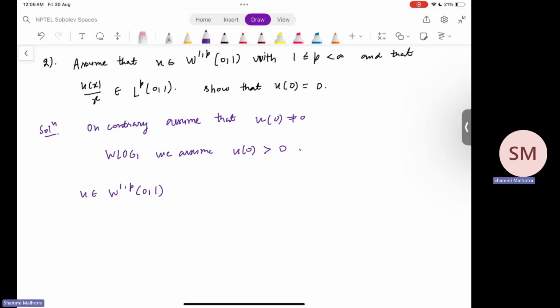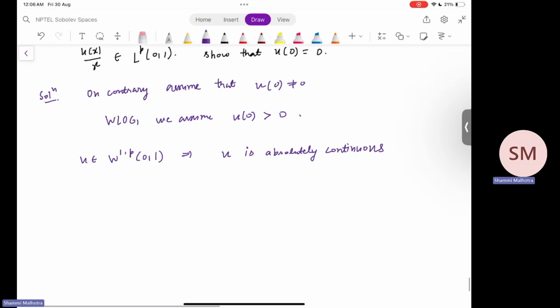what does this imply? This implies that my function u is absolutely continuous. In particular, it is continuous. So there exists a positive delta such that u(x) is greater than u(0)/2 for all |x| less than delta.